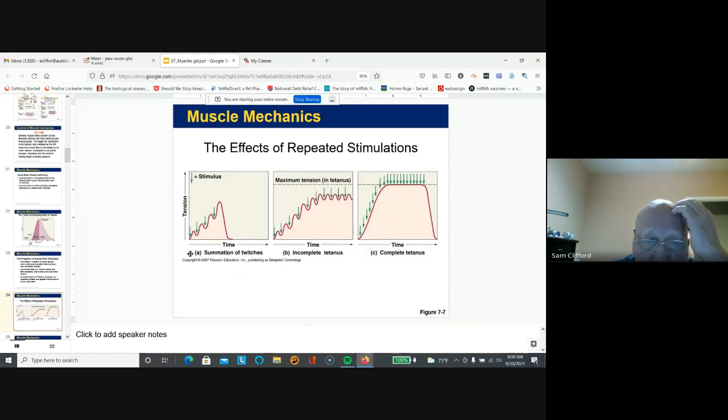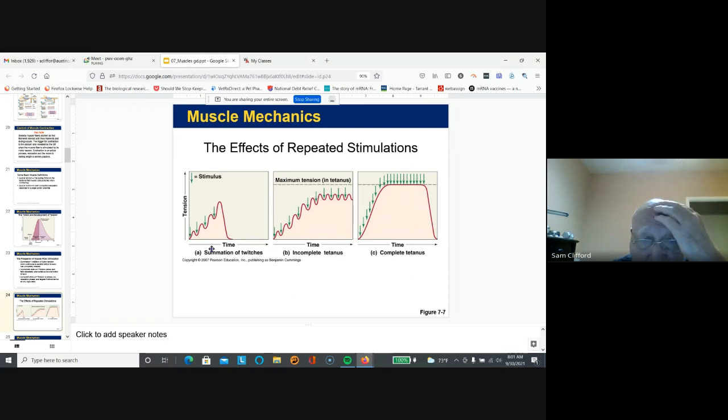So you can see over time, if the frequency of stimulation from the nerve is getting higher, or the time between nerve impulses is getting shorter and shorter, you can get incomplete tetanus where the muscle remains contracted, and you get complete tetanus when the frequency of the stimuli from the motor nerve, which causes contraction, is so high that those contractions sum, and you have the maximum tension that can be generated by a muscle.